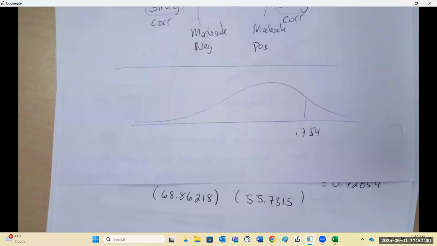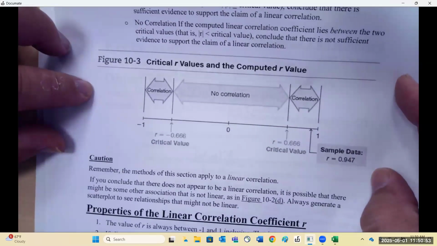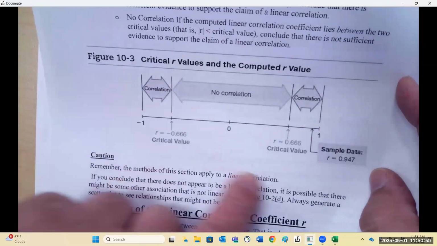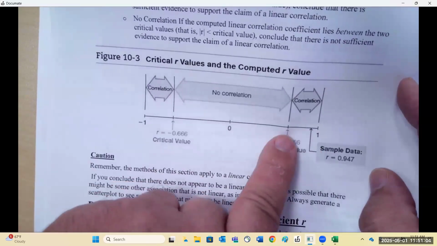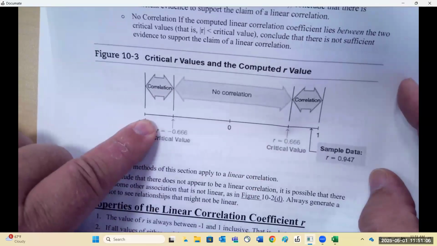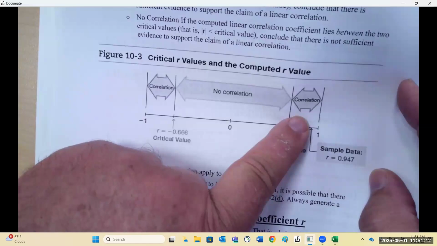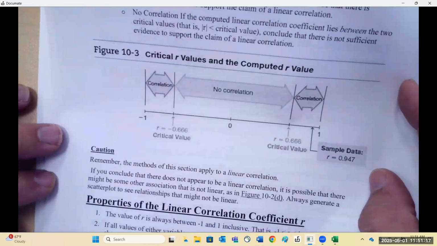Oh, here it is. It's not in your packet. I'll give it to y'all. Critical values and computed R values. Your critical value is what comes from the chart. Your calculated R value is this one, the sample data. If it's within the critical region, then you have a correlation. If it's outside of that, then you don't have a correlation.